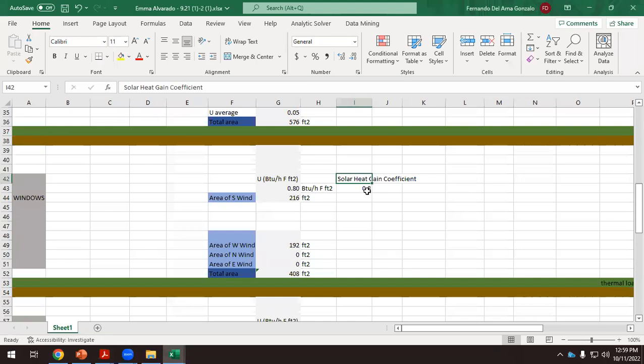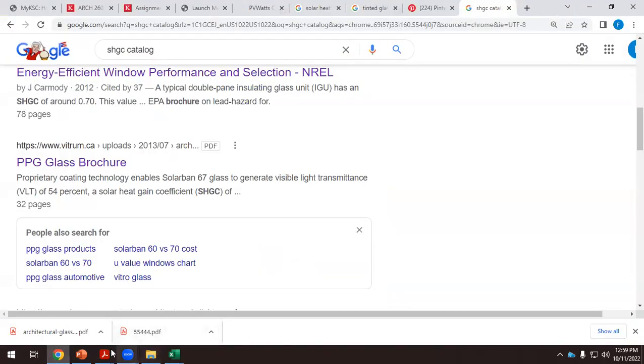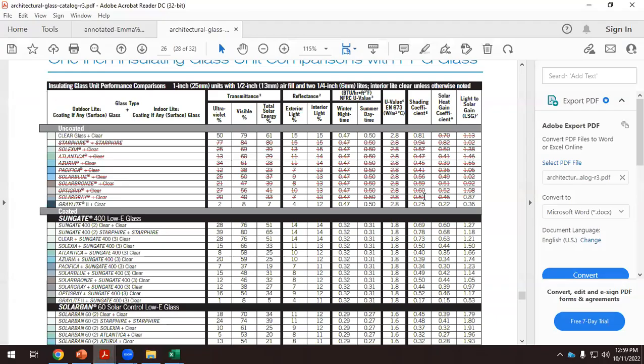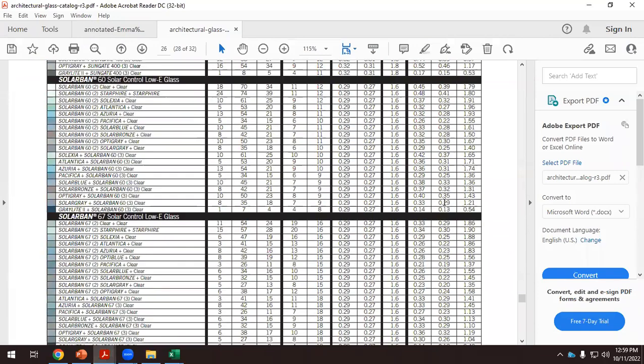So let's type here 0.8, but we can look at this. We can select. There are thousands of options, and now this is 0.13. This 0.13 means that it's almost opaque. Only 13% of the sunlight enters the building, so it's almost a mirror.